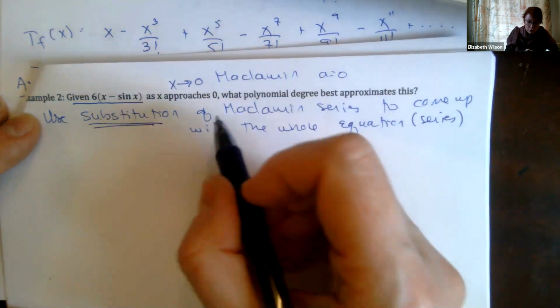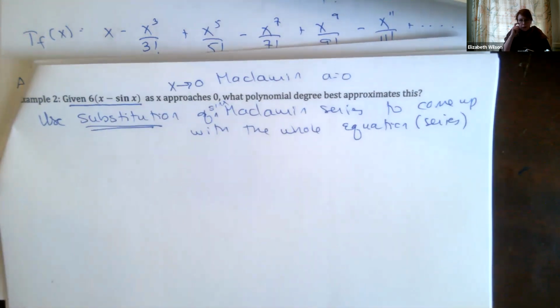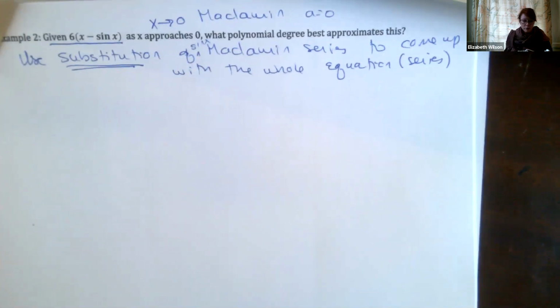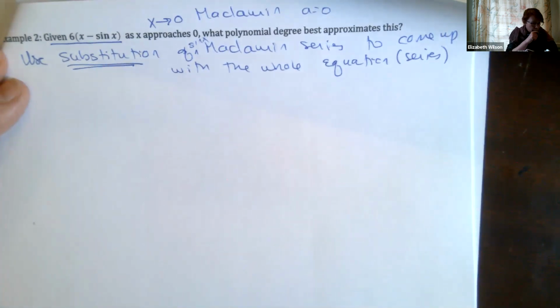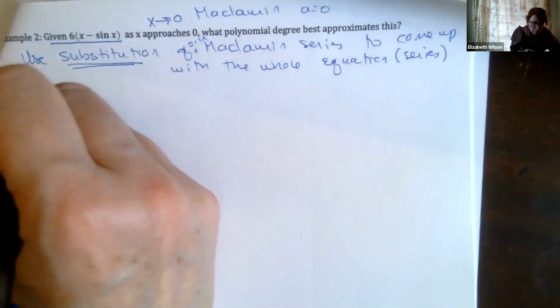We'll use substitution of our sine of x Maclaurin series; it's basically combinations of the Maclaurin. The first thing is I have to remember my sine of x. Now remember, we're doing Maclaurin.